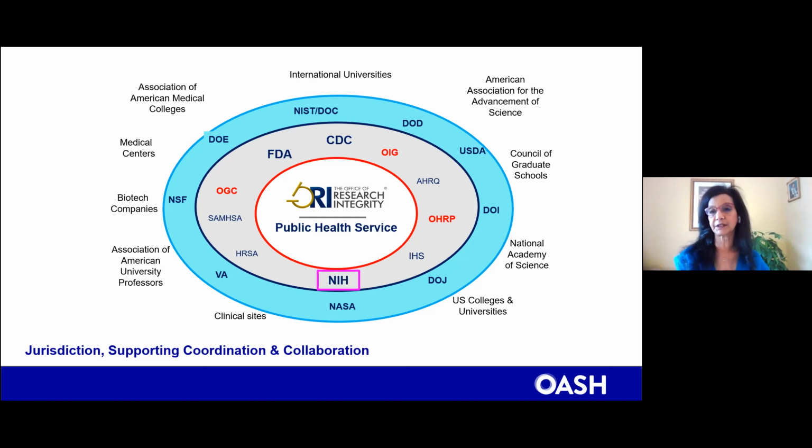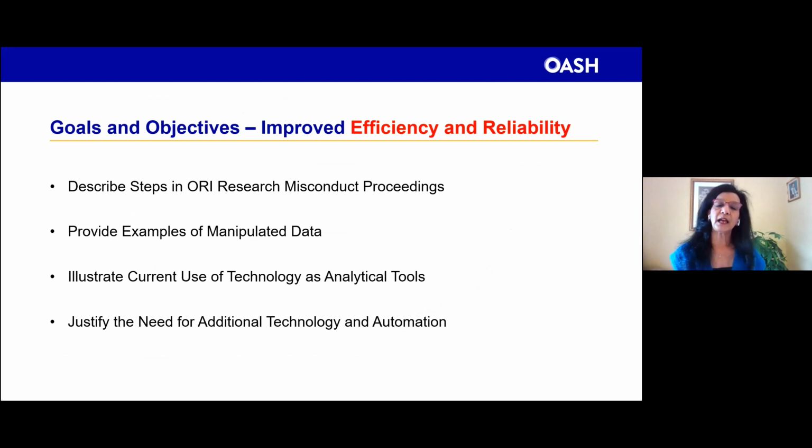so to improve integrity in research. With that in mind, and the focus of the conference, I'm going to see if technology can help improve efficiency and reliability. These are two key components that we need to focus on when we talk about technology in research misconduct investigations.